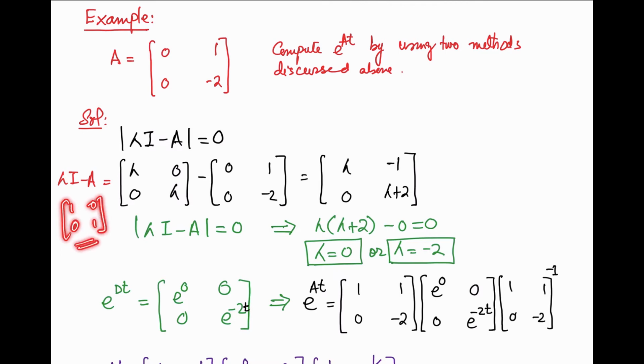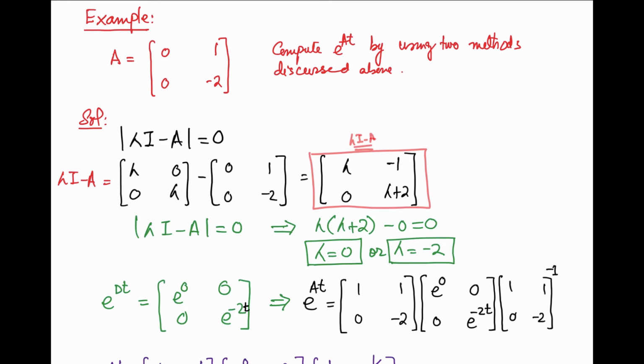For a 2 cross 2 state matrix, the identity matrix is this one. Multiplying it with lambda, we can write this like this, minus A, this A is given to us. So our lambda I minus A matrix will be given by this one.